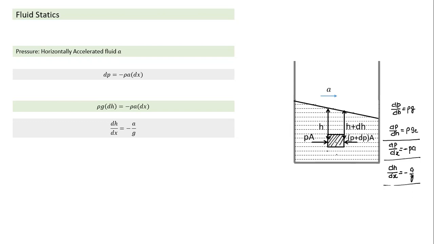If we give acceleration of g by root 3, the slope will be 30 degrees. The slope depends on the direction of acceleration. If we give acceleration towards right, the slope will be negative: positive acceleration, negative slope. That's the relationship. This is how the pressure varies in case of horizontally accelerated fluid.